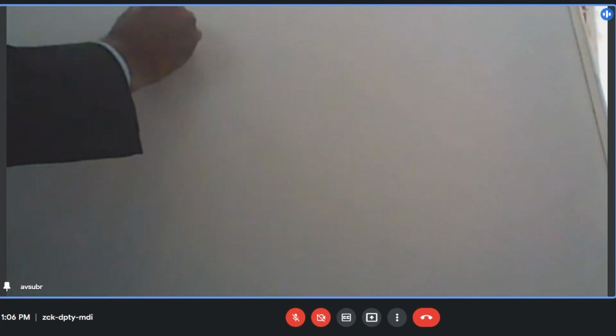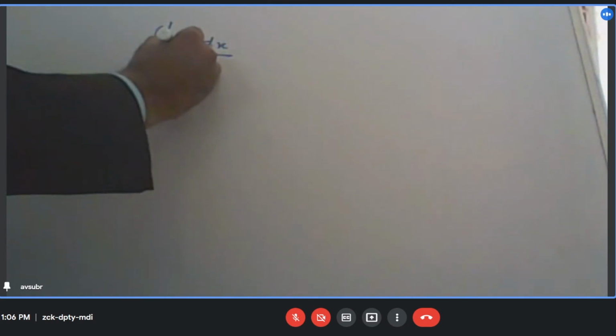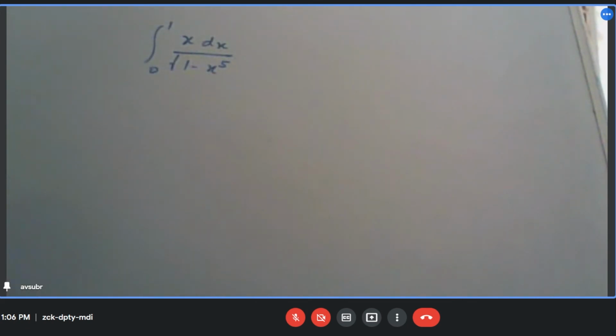Okay, I have been given a problem: integral from 0 to 1 of x dx by root over 1 minus x to the power 5. I want to solve this. I'll show you that I can convert it into a beta function and then solve it.